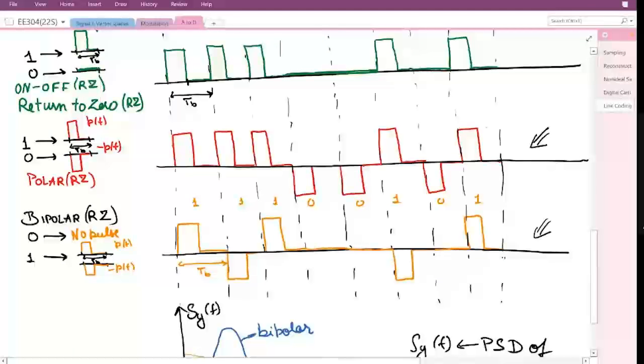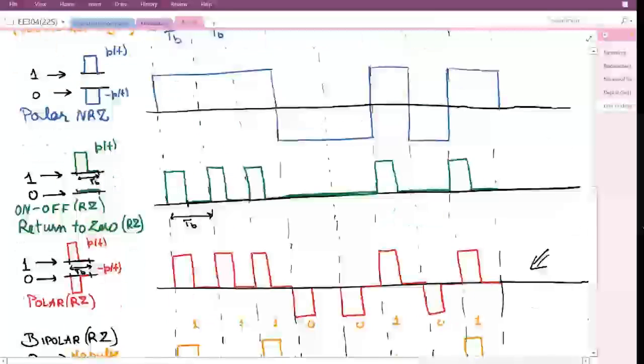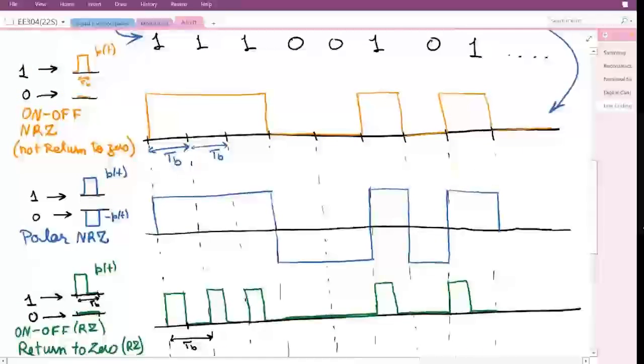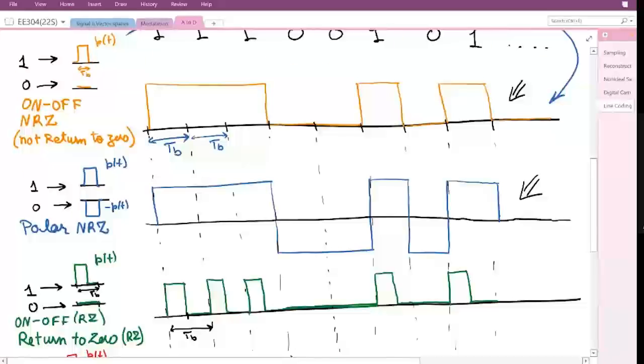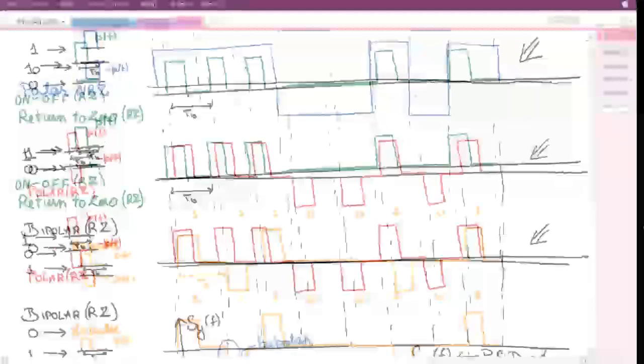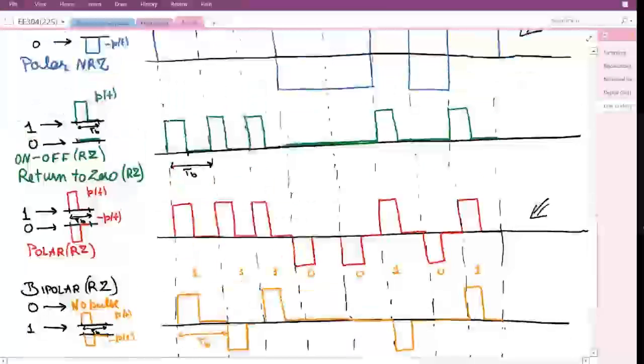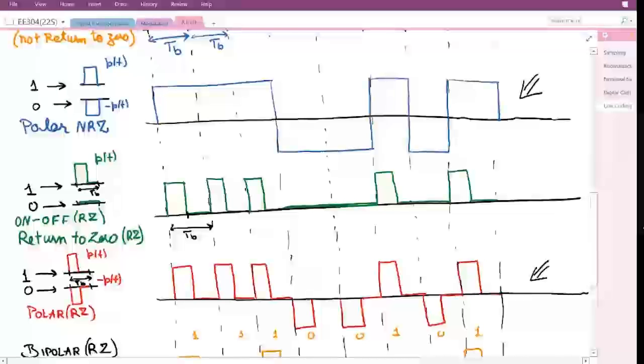So first of all, forget about bipolar at this stage. If I just compare the simplest case, polar NRZ and polar RZ, these three we want to compare and then see.